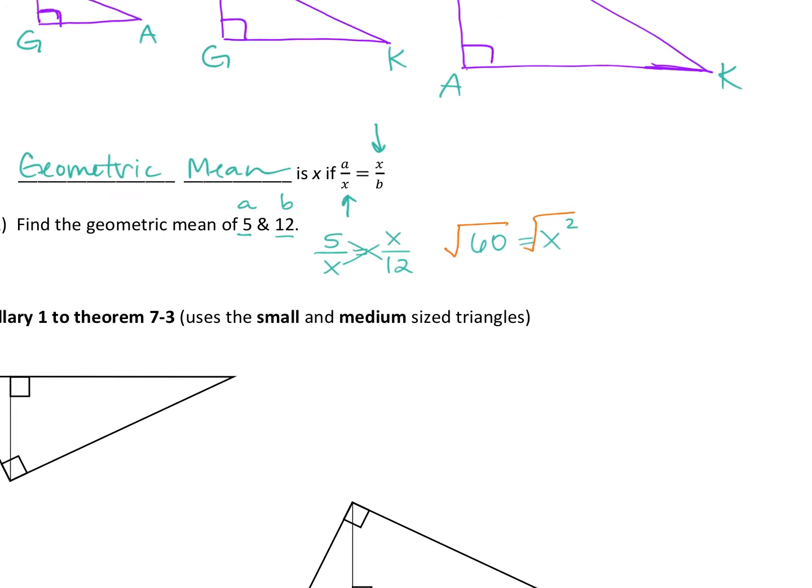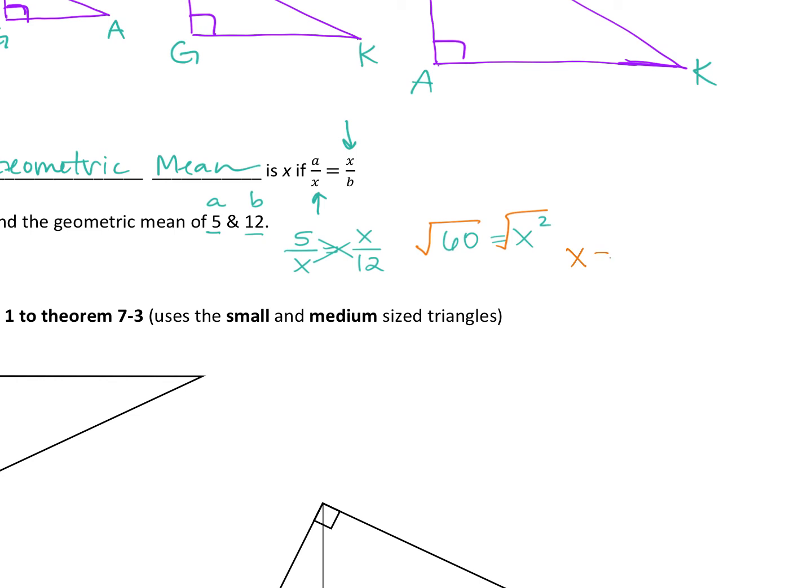Okay, well now here's the deal. X is equal to the square root of 60, but that's not the best answer. Here's where my little worksheet comes into play. Is there a perfect square that 60 is divisible by? And you always want the biggest perfect square, because there might be multiple ones. You want the biggest one.